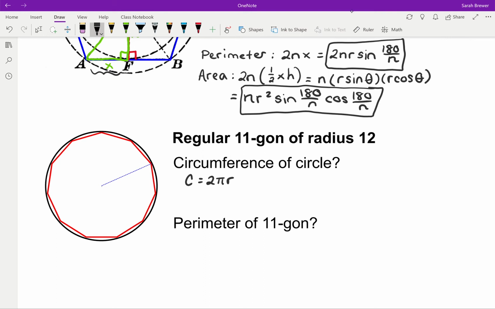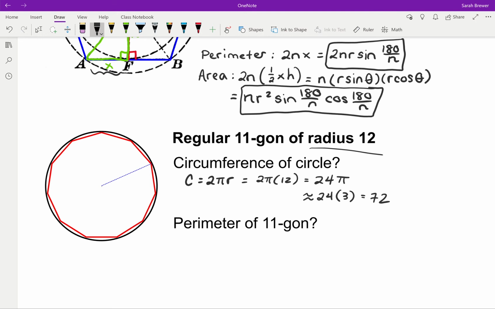And here, if our radius is 12, we're looking at 2 pi times 12, or 24 pi. Now we could approximate pi as 3 and say that our circumference is about 24 times 3, which is 72, if we want to be really, really loose about it.